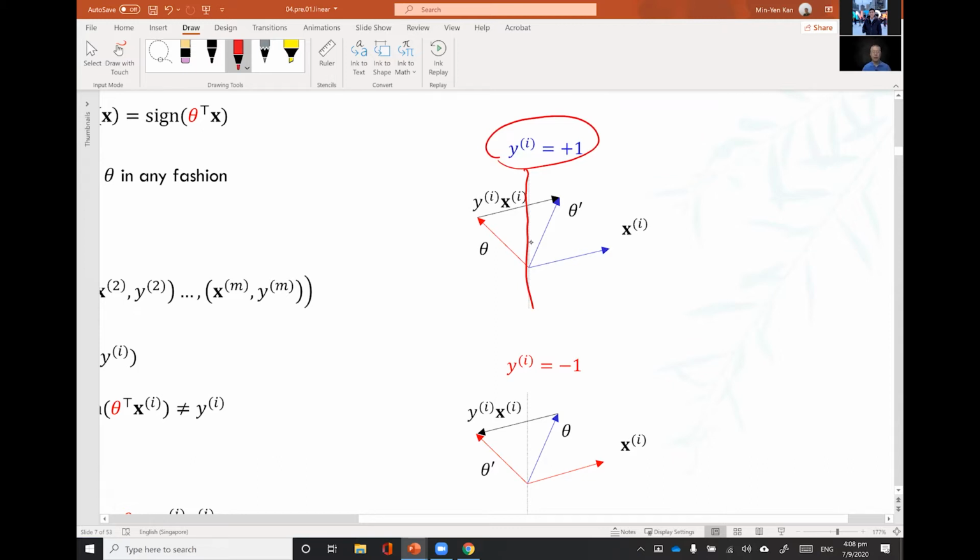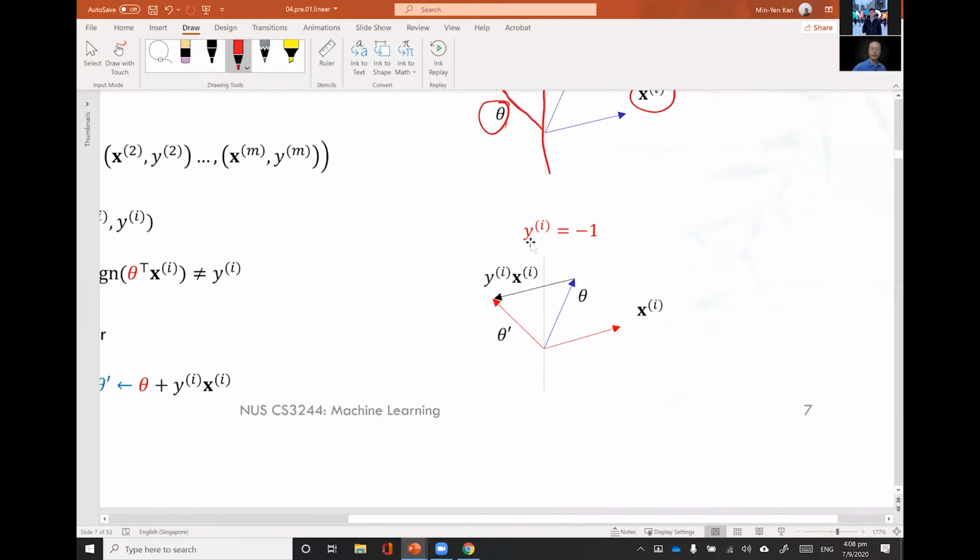It's going to be classified as negative. In this diagram, when we add the observation vector to the weight vector, we get this particular vector here. So we end up with a new set of weights, which hopefully places that point on the right side of the hyperplane. The same is true in reverse, so we have the reverse down here.